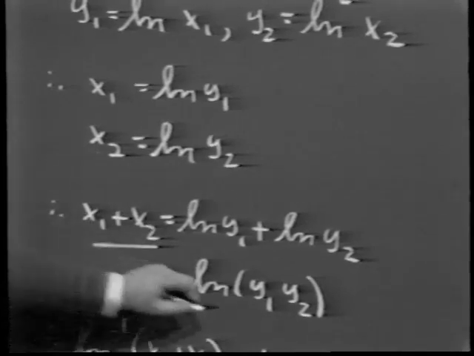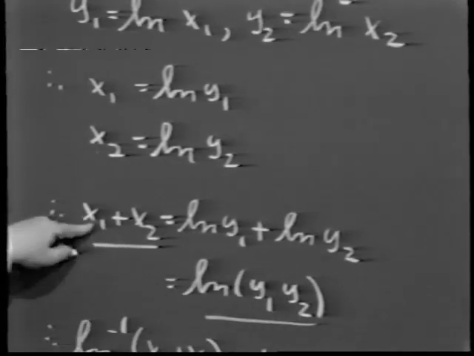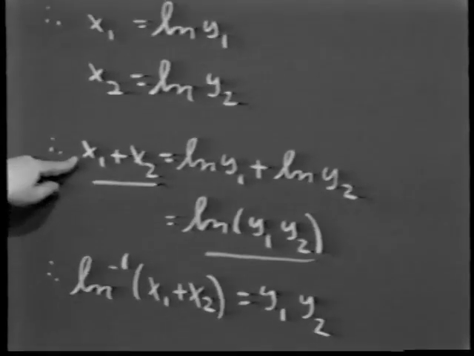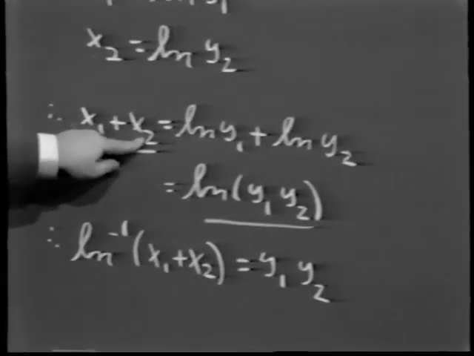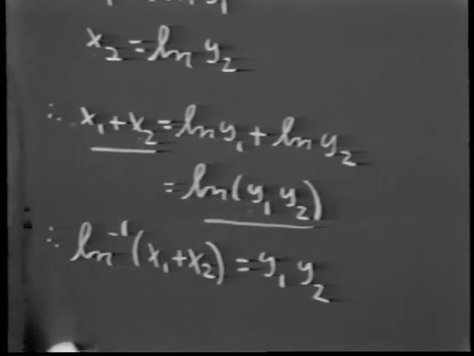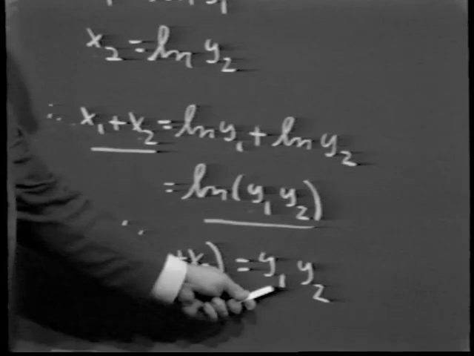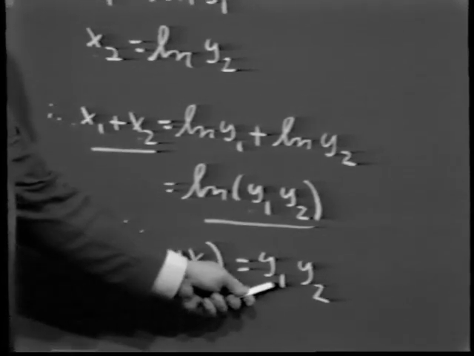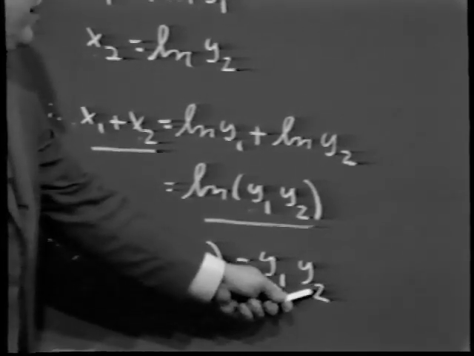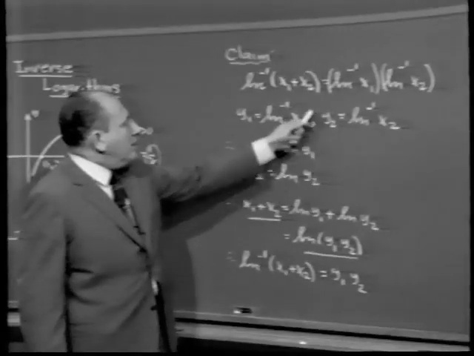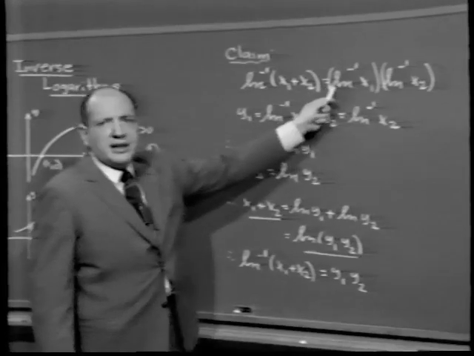And now taking this relationship and inverting it, this is the same as saying that the inverse natural log of x1 plus x2 is equal to y1 times y2. And if you now observe that y1 was the inverse natural log of x1 and y2 is the inverse natural log of x2, we have the result that we claimed we would have at the beginning here.